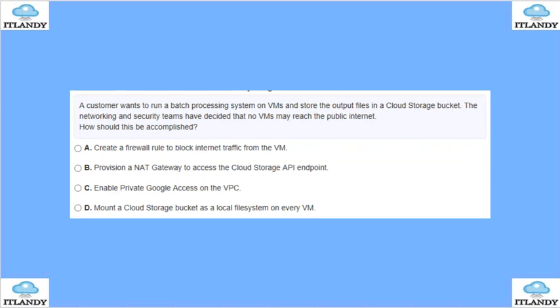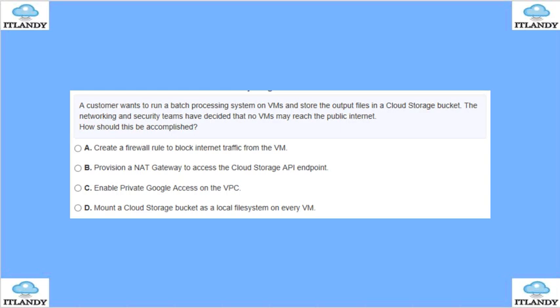Next, a customer wants to run a batch processing system on a VM and store the output file in a cloud bucket. The networking and security team have decided that no VMs may reach the public internet. How can we achieve that?